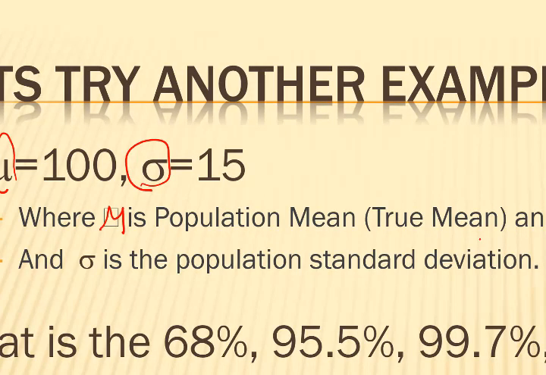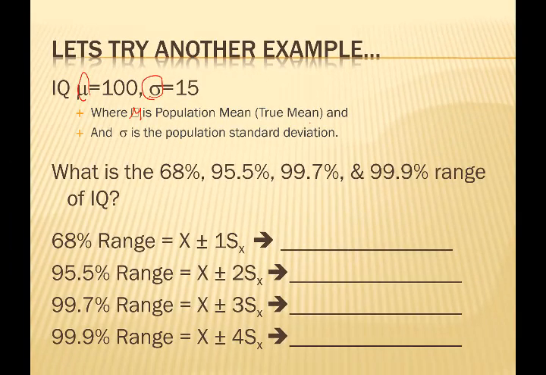So in the population, then, we have an IQ of 100 as the population mean, and plus or minus 15, right? So using these two numbers, if I were to ask you to figure out what the 68% range of IQ is, then you would take the mean plus or minus 1 standard deviation, right?